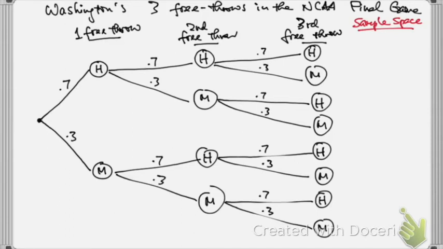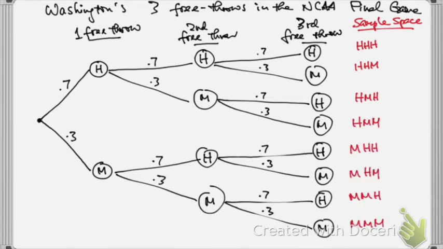I've finished labeling all the probabilities for all the branches. And remember, the sample space is simply listing out all the 3 events together. So for example, the very top one would mean that he hit all 3 shots, HHH. The second one would be HHM. He hit the first 2, missed the third one. And I've listed them all here.